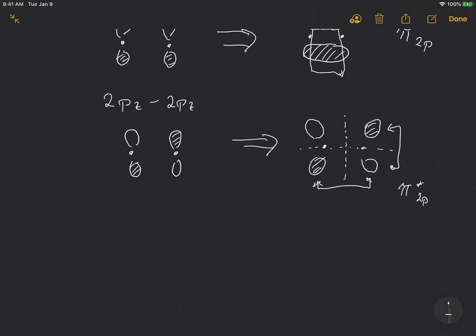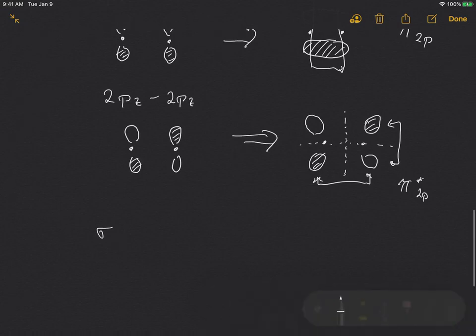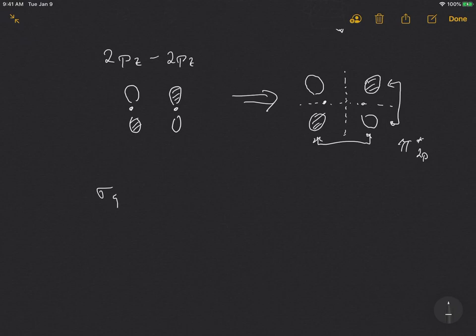Another way of representing these orbitals is that we can sometimes call them gerade and ungerade. So you can have things like sigma g 1s.